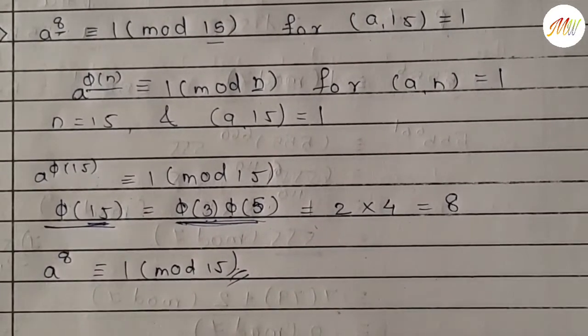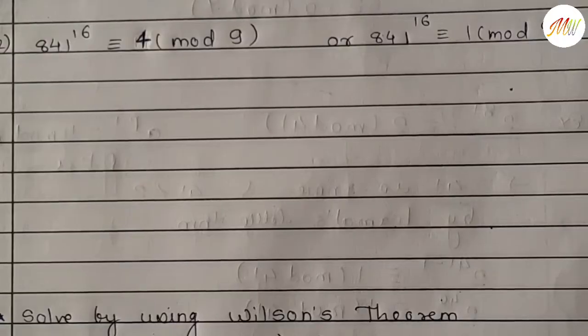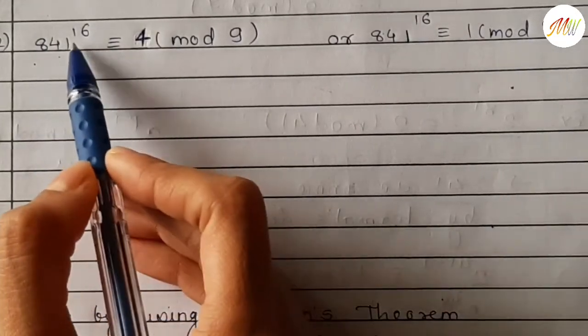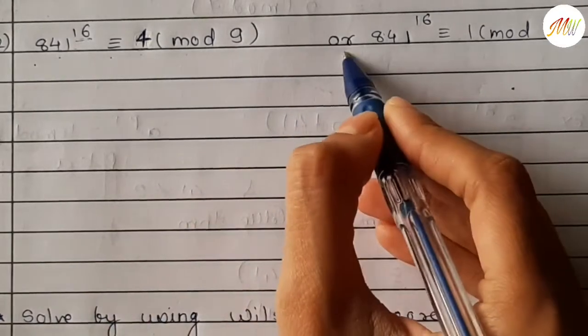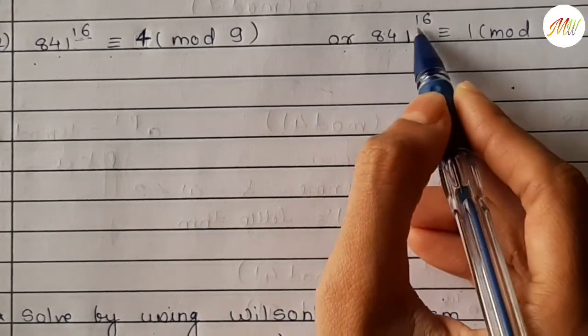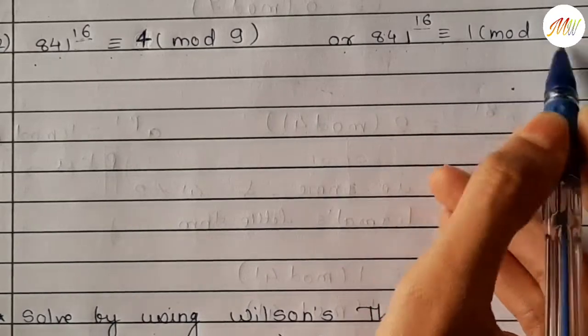Okay, here I have another example. 841 to the power 16 is congruent to 4 mod 9, or 841 raised to 16 congruent to 1 mod 9.